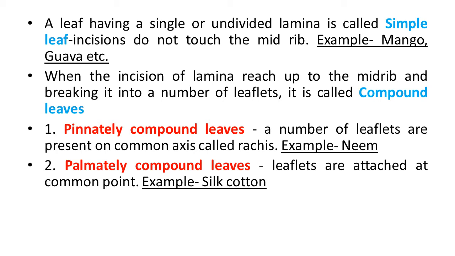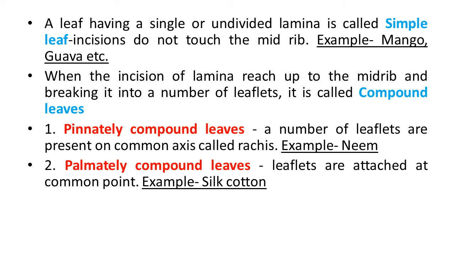Compound type leaves are different from simple leaves. When the incision of the lamina develops and reaches up to the midrib region, it means that it develops inside towards the midrib region and breaks the lamina into a number of leaflets.